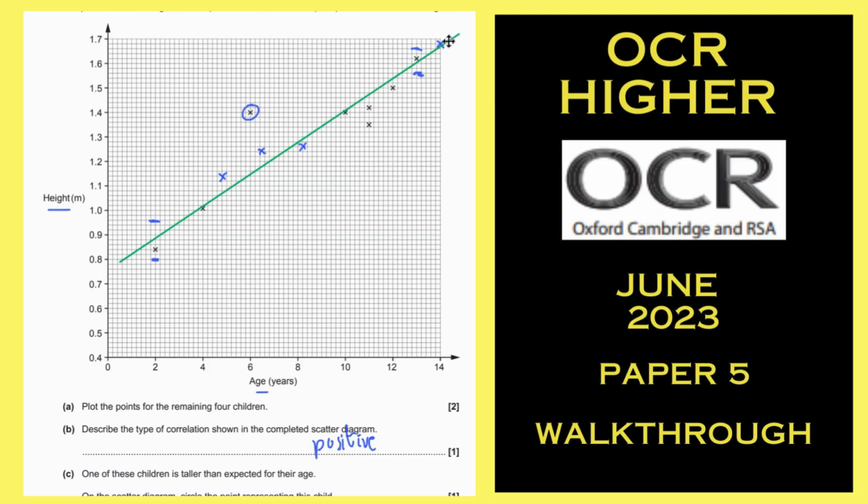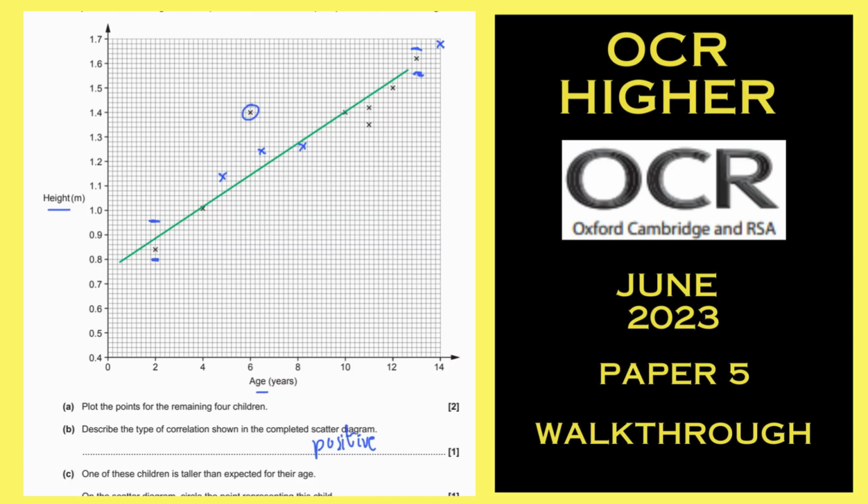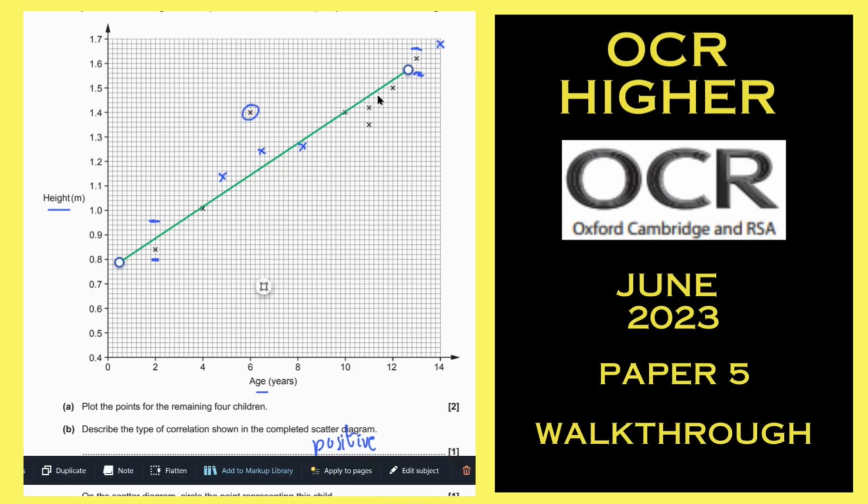What you're not allowed to do is miss a gate, that means you lose that mark. You can still pick up follow through marks. What some students sometimes lack is, I'm afraid, they don't quite go far enough. I always say to my students, when you're drawing a line of best fit, go right to the end of the graph paper on the upper and go close to the y-axis on the lower.